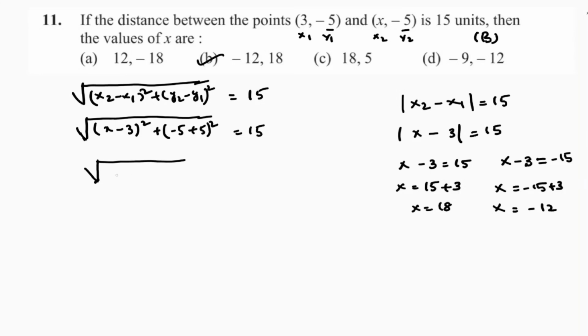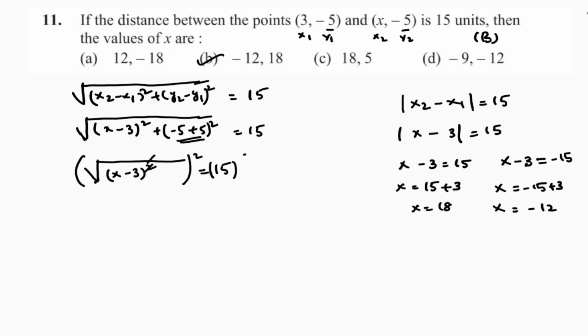So under root (x minus 3) whole square, because this is 0, equals 15. So here two values are possible. If you cancel the root directly, you would again have to get plus or minus, so instead of that, do squaring on both sides.